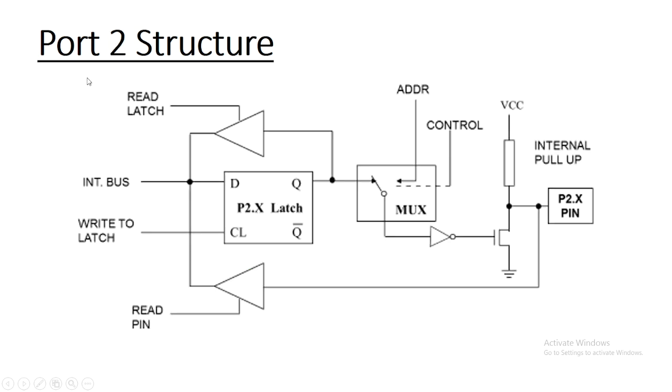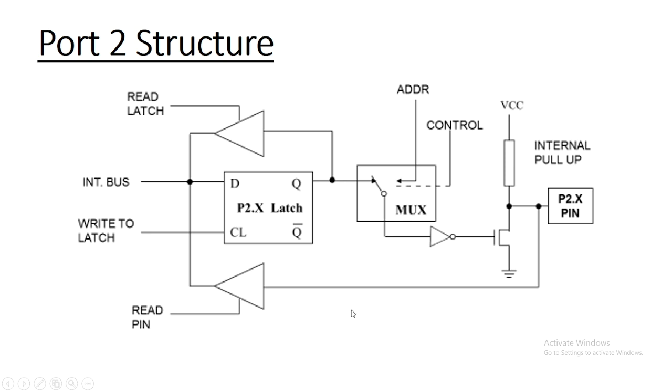The next architecture is the architecture of port 2. The port 2 architecture is the same as port 0 because port 2 is used as an IO port as well as the address bus. So there is a multiplexer and a control signal is used to select any one of these two lines.